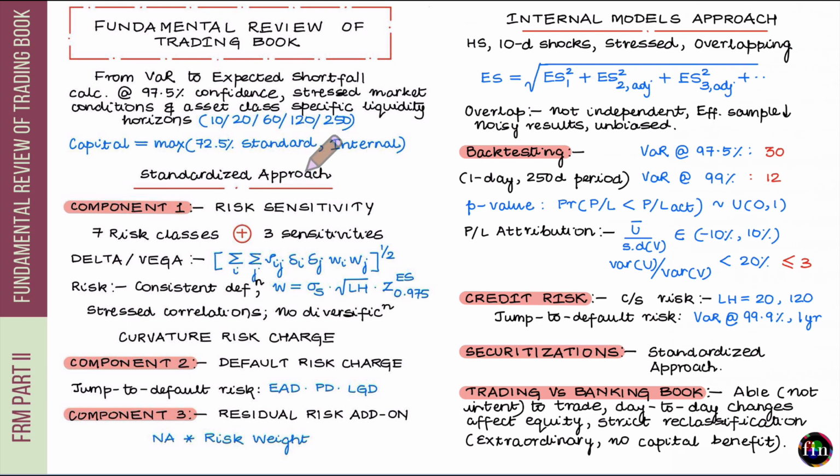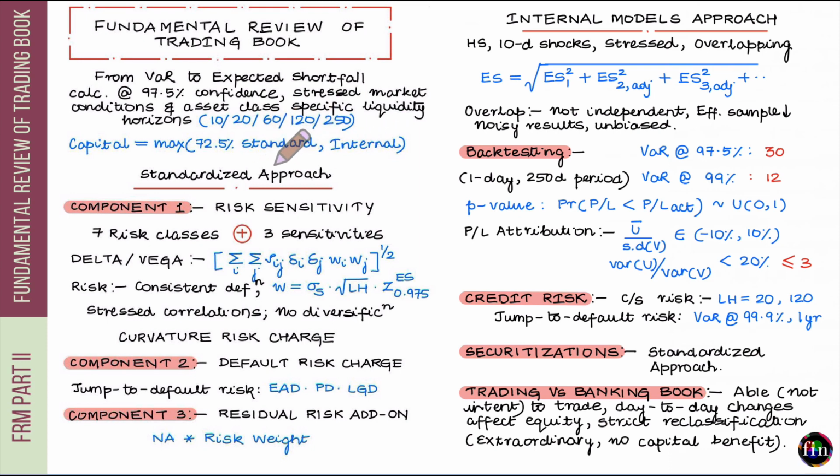Once you have numbers available for both the standardized approach and the internal models approach, the capital required will be computed as the higher of a certain multiple of the number coming from the standardized approach and the number coming from the internal models approach.